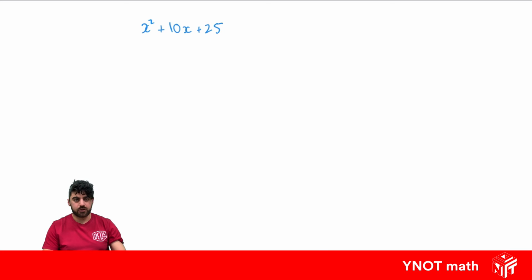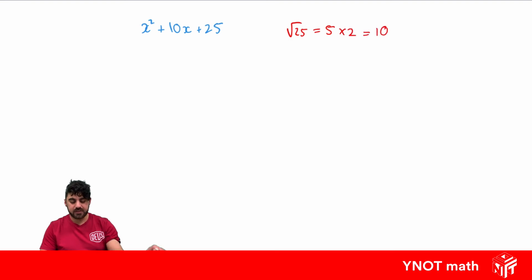Now we know it's a quadratic because we have an x squared term, and the way we're going to know if we can factorize this as a perfect square is if we can take the constant term, which is 25, and square root it, which gives us 5. Then if you double 5, you get 10. And if that number matches this number, we know it's a perfect square.